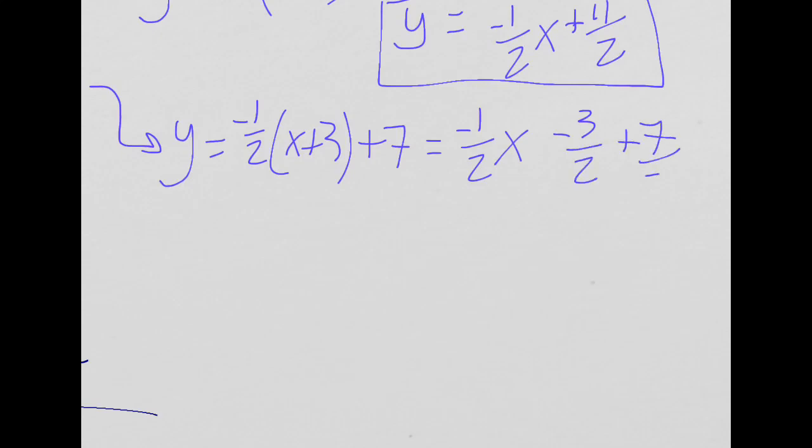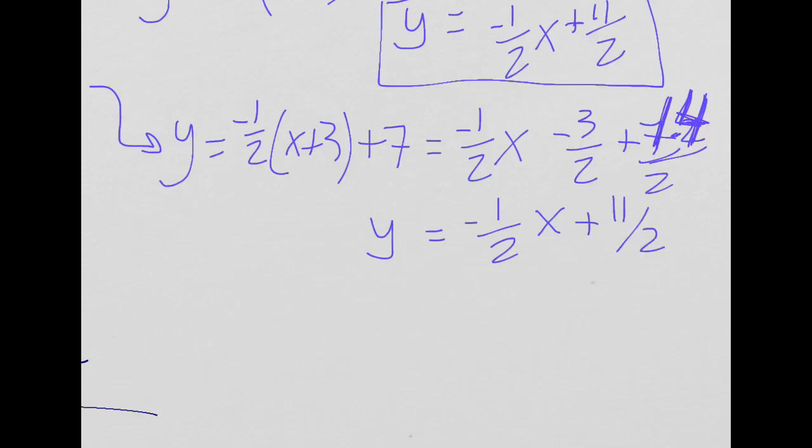Just like before, I'm going to find a common denominator. So 7 times 2 is 14. So I have negative 3/2 plus 14/2, which is the same as 14/2 minus 3/2. 14 minus 3 is 11. So again, I get the equation y equals negative 1/2 x plus 11 over 2.